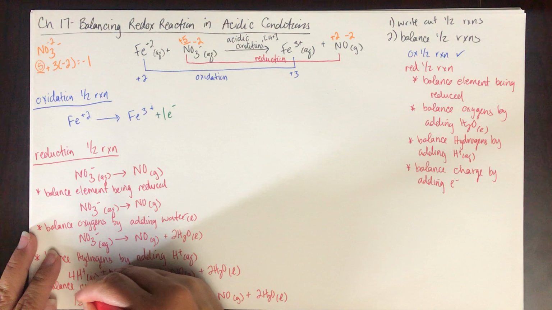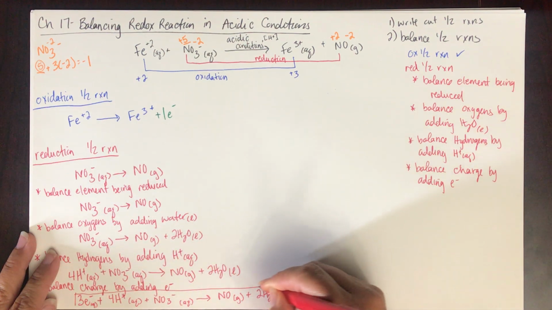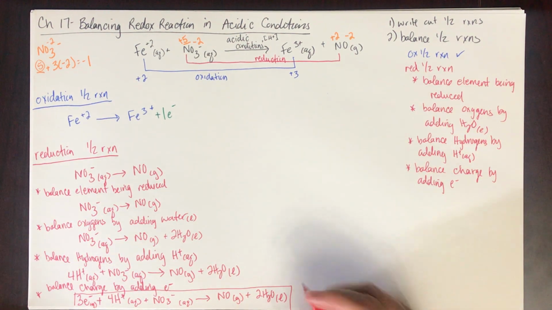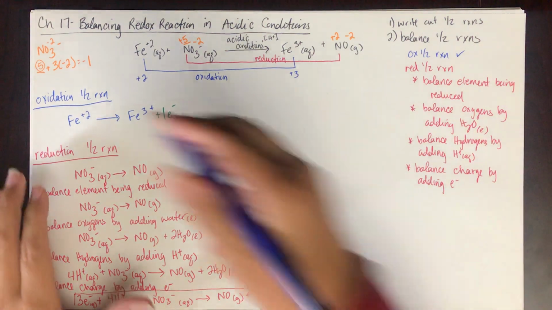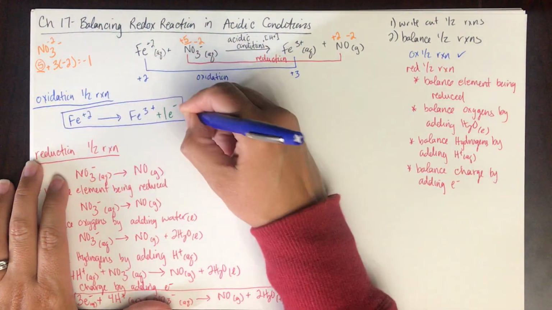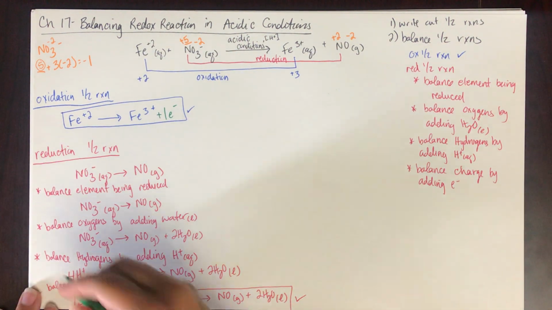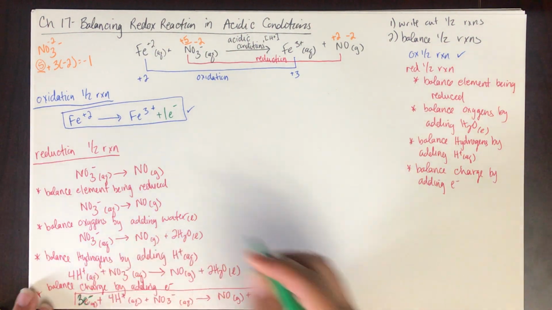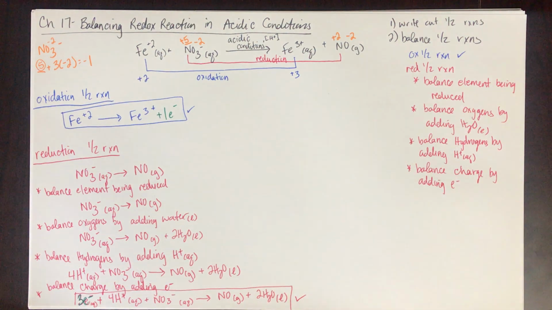So this is my balanced reduction half reaction. This is my balanced oxidation half reaction. Remember, the number of electrons when I add these together need to cancel because electrons don't belong anywhere in the final balanced equation.